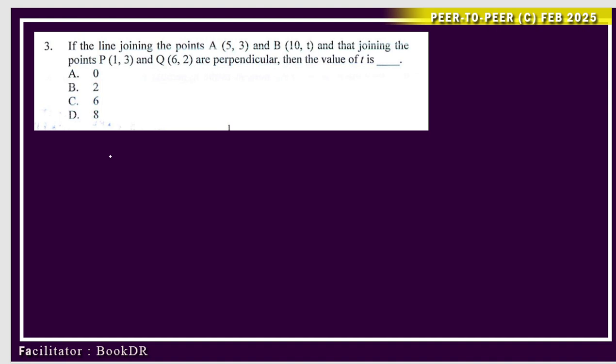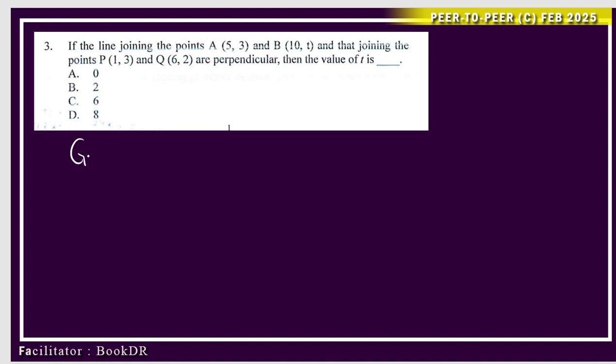Let's go to the next question. If the line joining the points A, 5, 3 and B, 10, t, and that joining the points P, 1, 3 and Q, 6, 2 are perpendicular, we have to find the value of the coordinate t. Good. So if they are perpendicular, it means the product of their gradients is equal to negative 1.